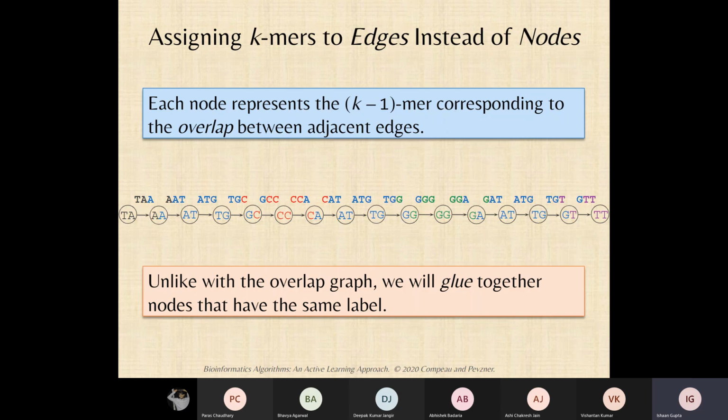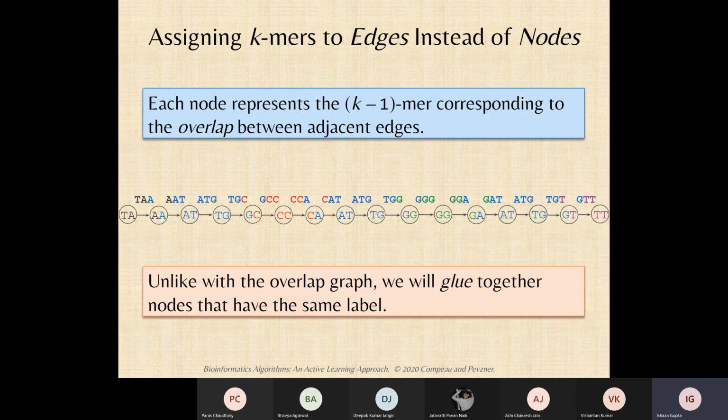Unlike the overlap graph, the idea is that you glue together the nodes which have the same labels, in order to reduce the size of the graph. In the overlap graph, you were drawing an edge whenever you had the same suffix and prefix.